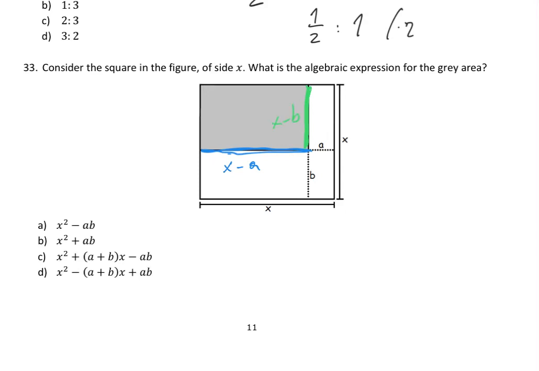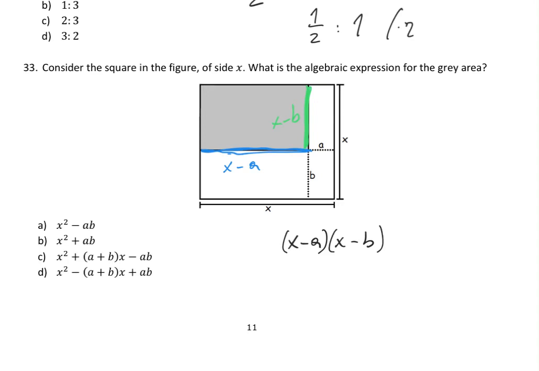So what is the area? It's going to be X minus A times X minus B. Is that all right? No. Brackets, because you're multiplying things which conceptually are one thing.